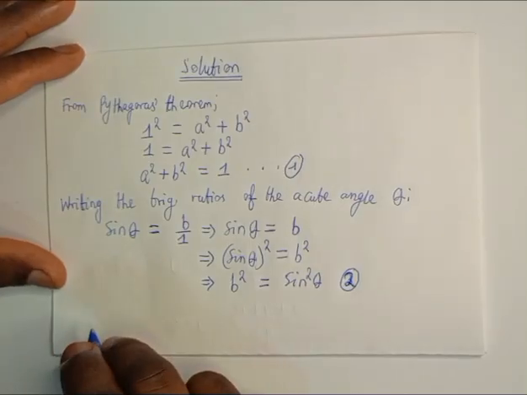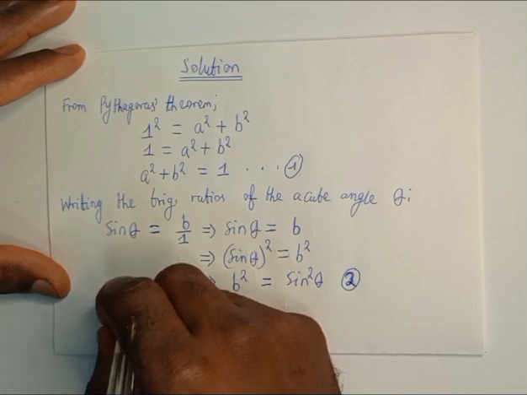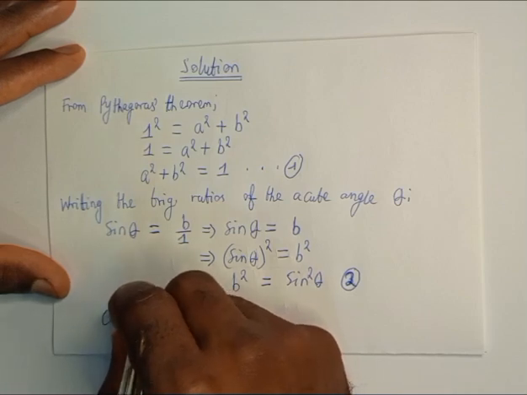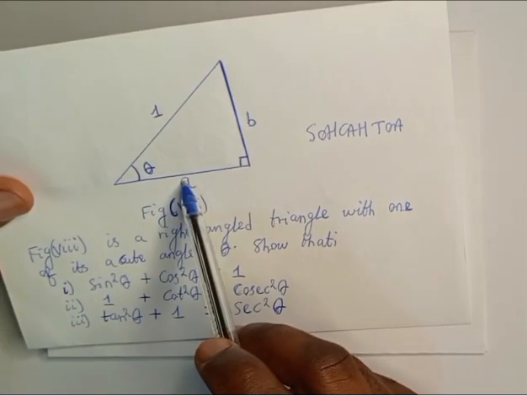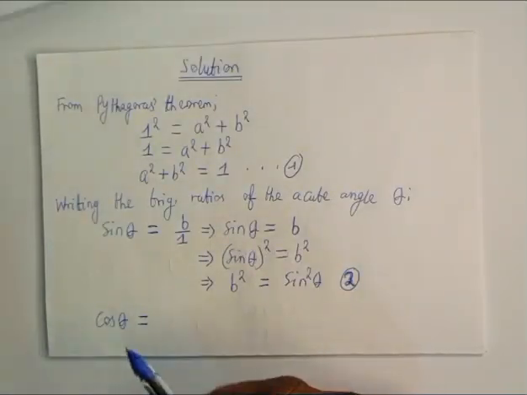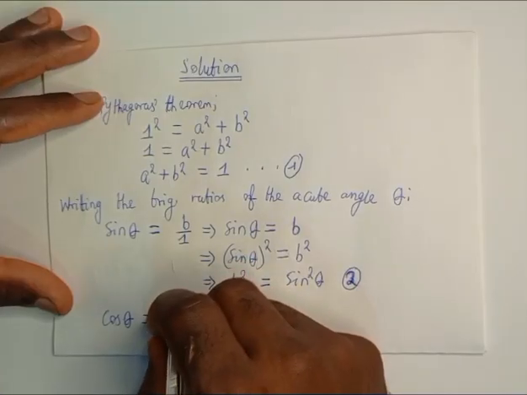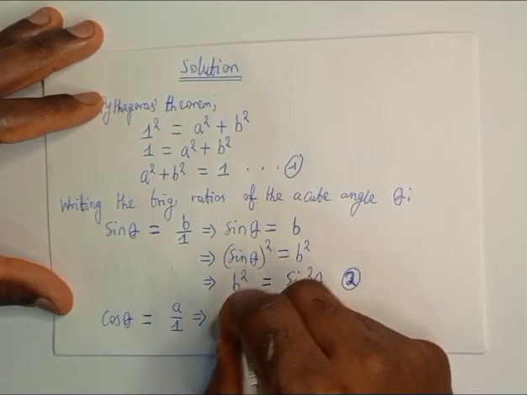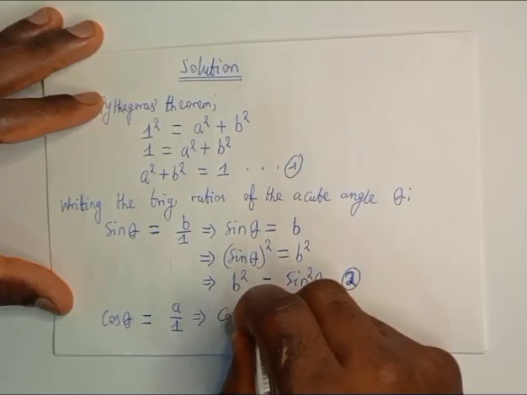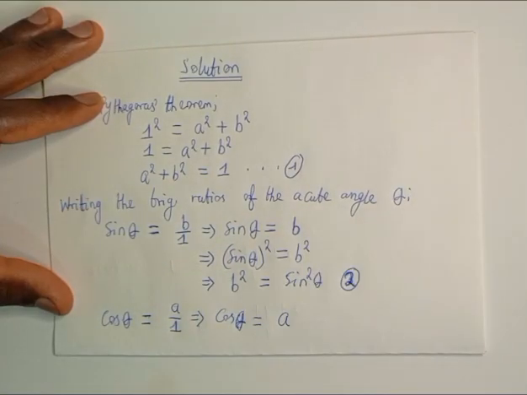Next, the cosine of the angle theta is given by the adjacent over the hypotenuse. This will be equal to a over 1. Then cos θ will simply be equal to a over 1, which gives us a.